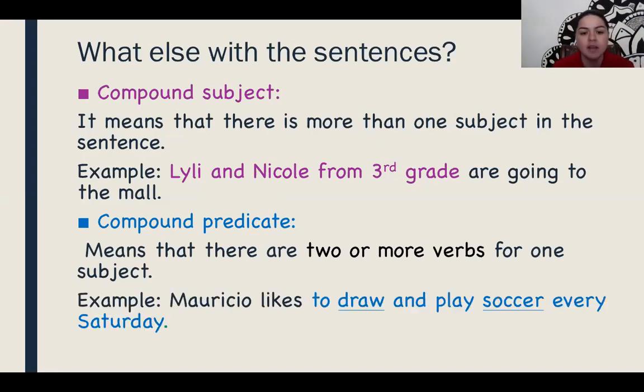Let's see. Mauricio likes to draw and play soccer every Saturday. What does Mauricio like to do? Well, Mauricio likes to do 2 things, 2 activities: draw and play soccer. So we have 2 verbs here, and that is how I know that I have a compound predicate in my sentence. Okay, now let's go to our book.